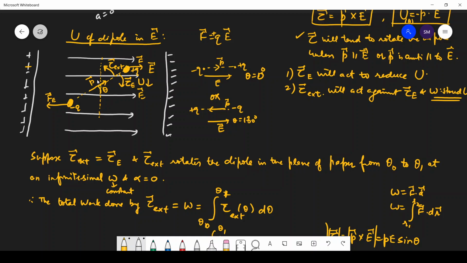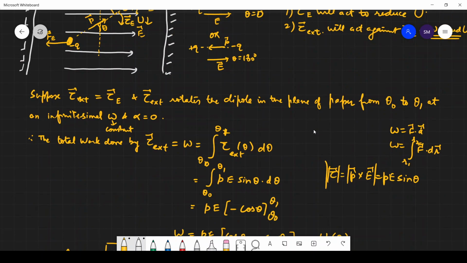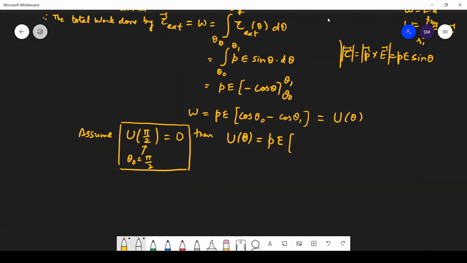The direction of P is from minus Q to plus Q, and this is the direction of the electric field.